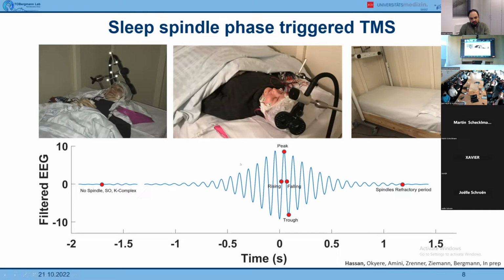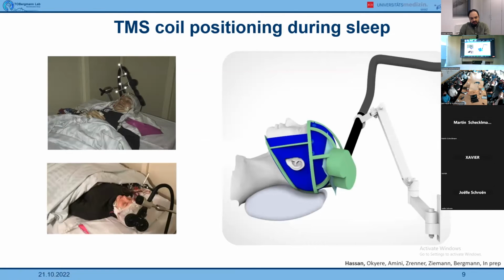So before we actually move to that step, we first started by optimizing the setup, because TMS during sleep is not really easy, although it's not even easy during wakefulness.